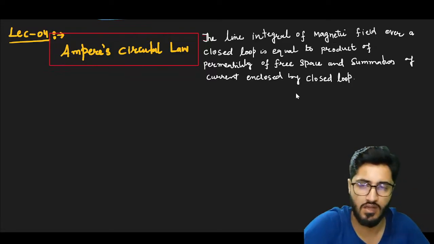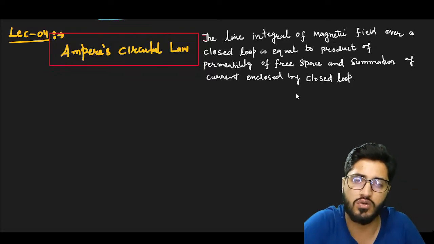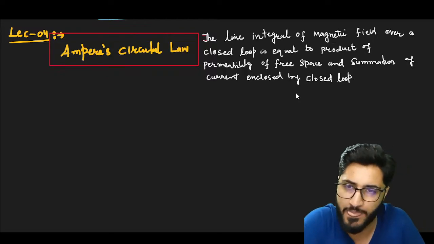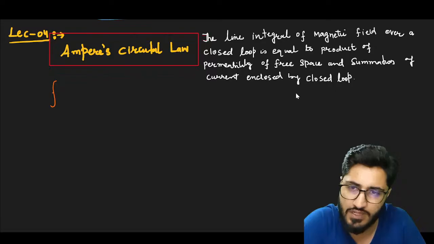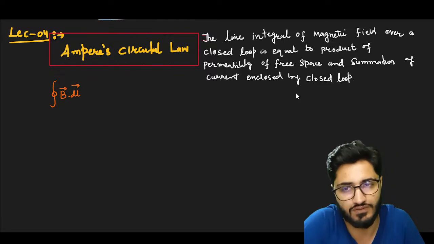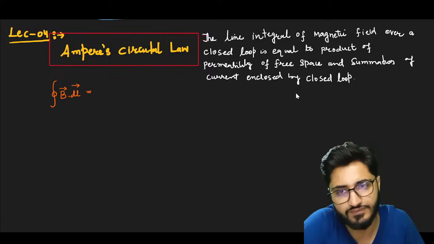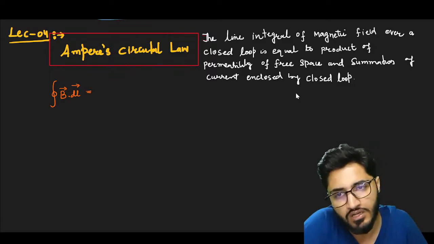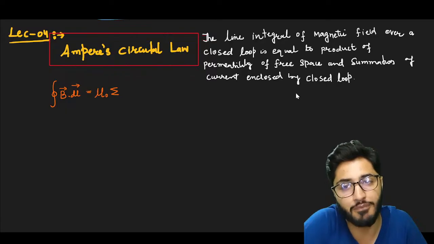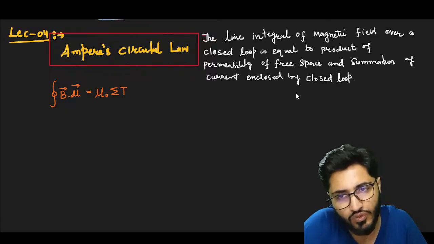Now, if we want to write the whole thing as a mathematical equation, I can write the closed line integral of your magnetic field with the length dl is equal to mu naught times, this is permeability, and this particular sign represents a summation of enclosed current.